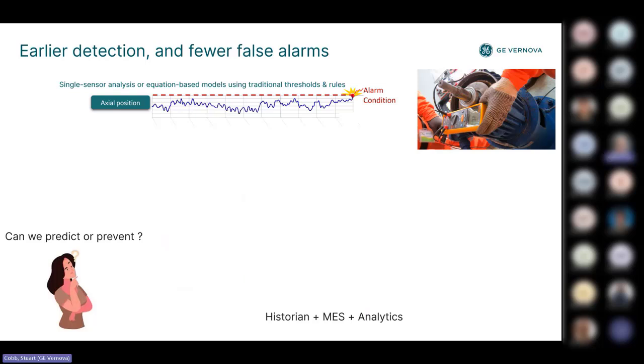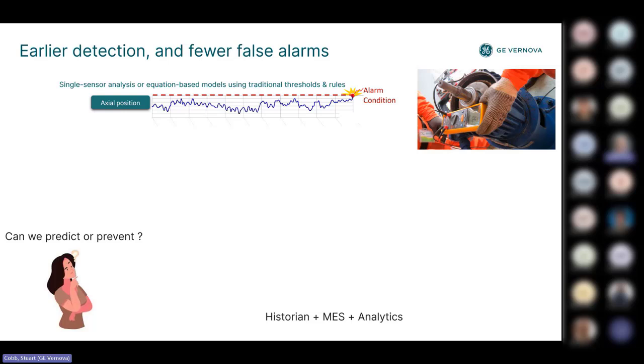really is, how can we take all of that data that we're capturing, raw data from the historian, manufacturing context data like we would capture in a MES system, so the OEE data, and maybe even data from other sources, like a maintenance system, so we can look at the maintenance history of an asset.